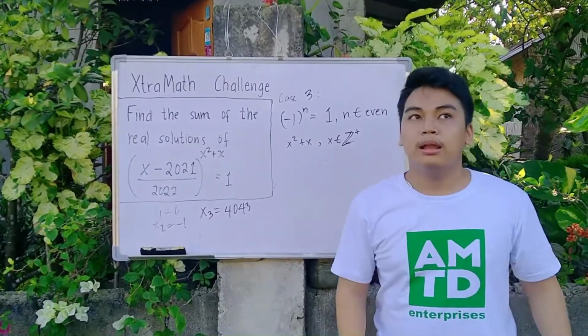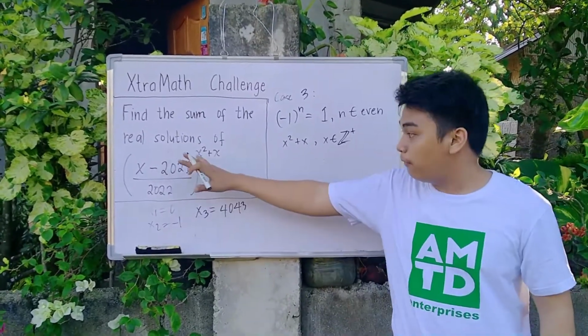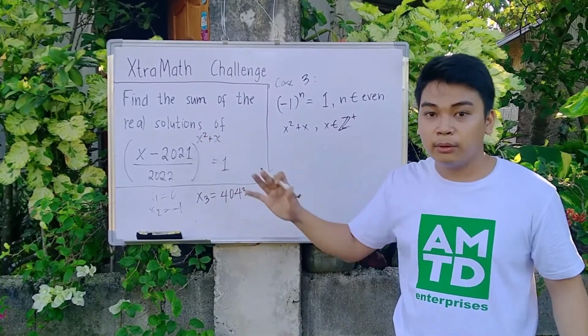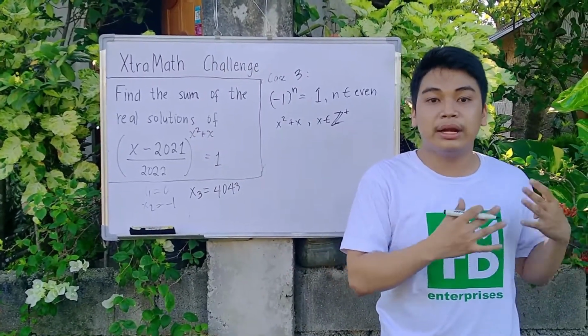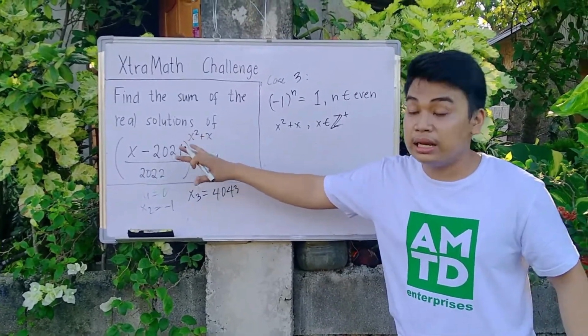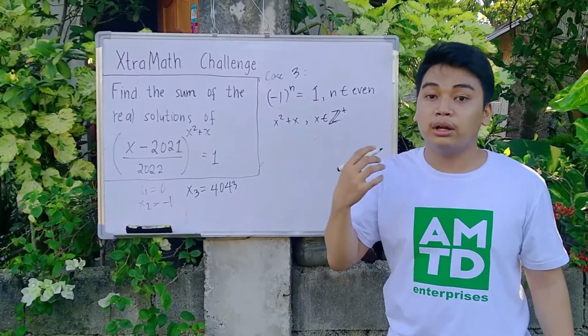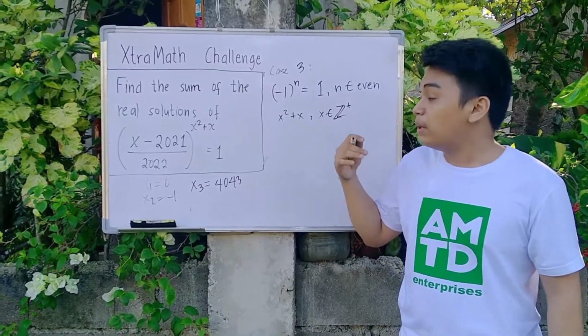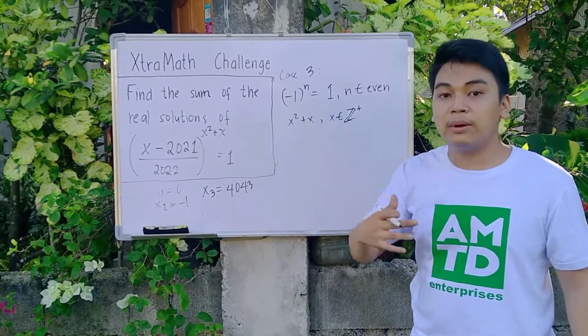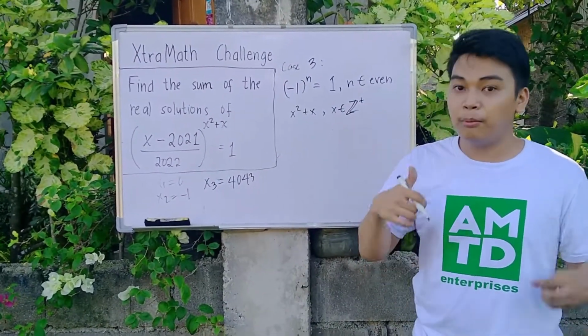For example, let's say 5. 5 squared is equal to 25. Plus 5, 25 plus 5 is equal to 30. And 30 is an even number. So kahit paano yung positive integer na ilagay natin dito, the result is always an even number. So, -1 raised to even is equal to +1. So, pwede siya.